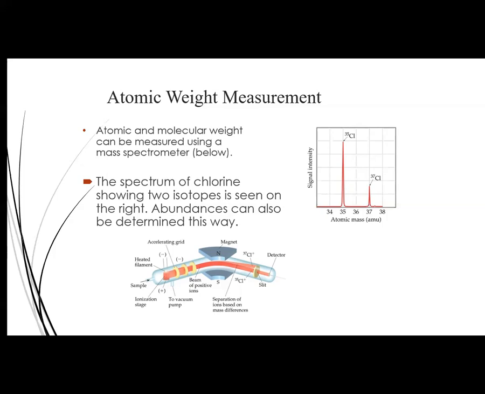So it's using magnets here to help separate them apart. And we can see how often this chlorine with a 37 atomic mass comes through, and this chlorine of a 35 atomic mass comes through. And so this is one way that we have been able to find their relative abundances, and that's how we make those atomic masses or atomic weights.